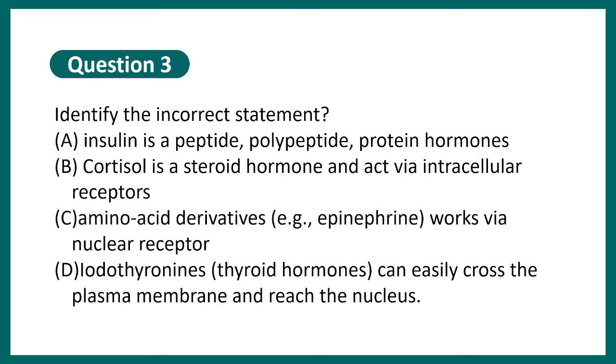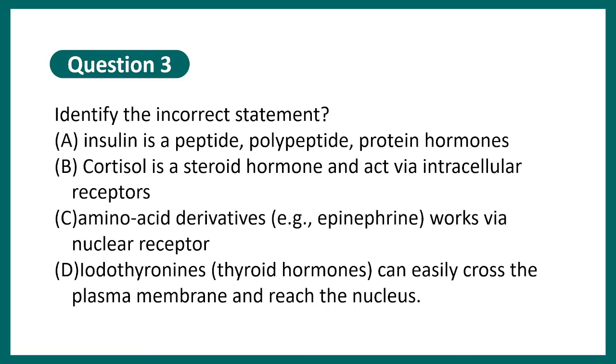Question number 3. Identify the incorrect statement. Insulin is a peptide, polypeptide protein hormone. Cortisol is a steroid hormone and acts via intracellular receptor. Amino acid derivatives works via nuclear receptor. And then iodothyronines or thyroid hormones can easily cross the plasma membrane and reach the nucleus.